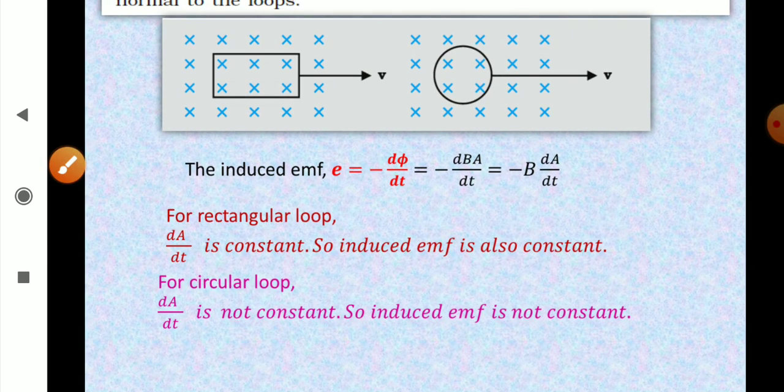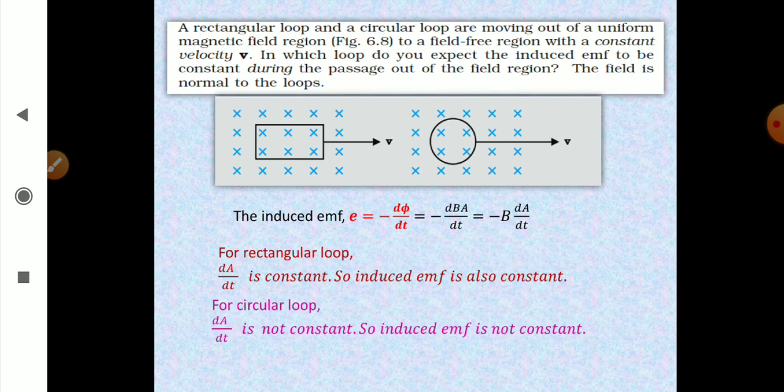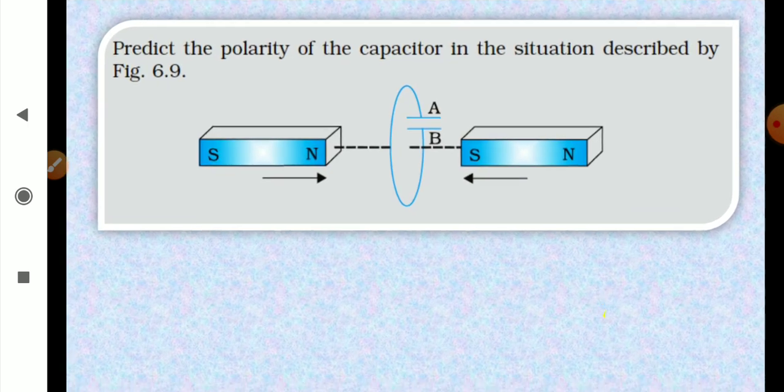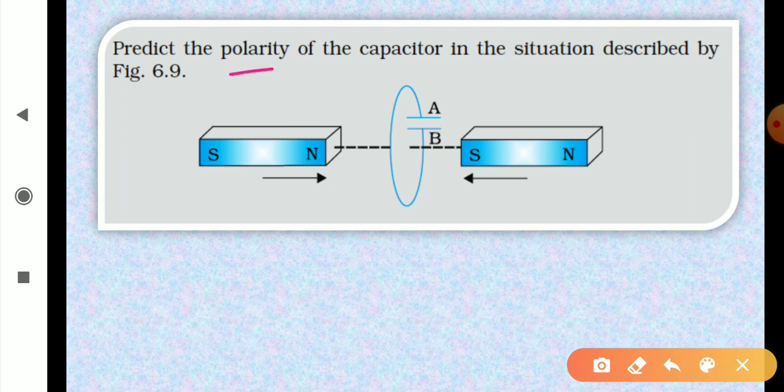Okay. So the next one is again a board problem, asked very often, an NCERT problem also. Predict the polarity of the capacitor in the situation described in this figure.